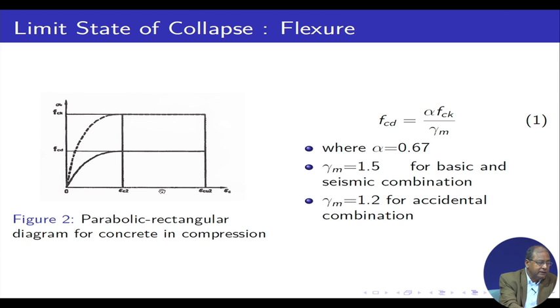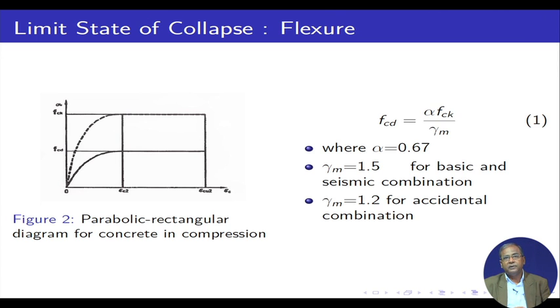So, we can say FCD, this is the value of FCD, alpha FCK by gamma m, alpha equal to 0.67, gamma m equal to 1.5 for basic and seismic combination, 1.2 for accidental combination. So, this is the value that we can consider for gamma m.